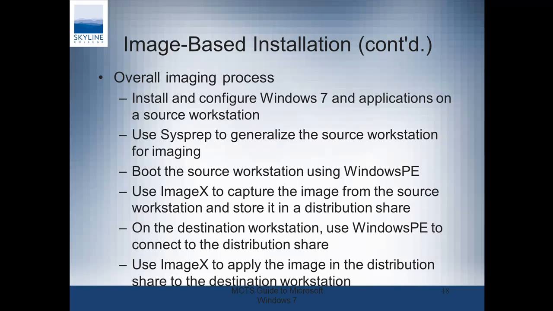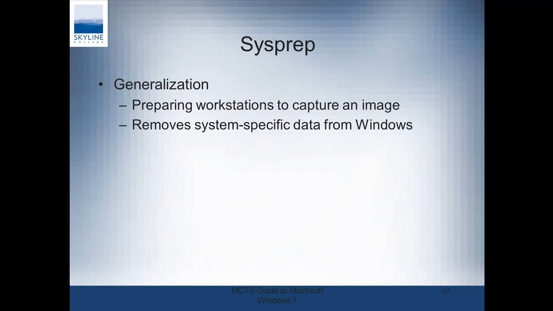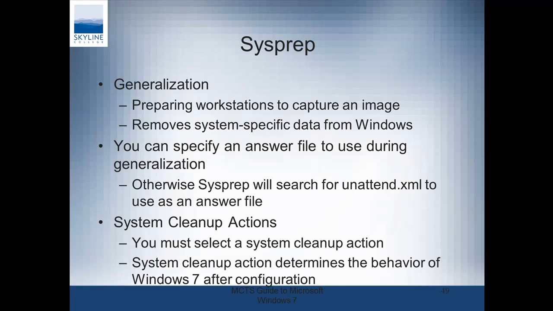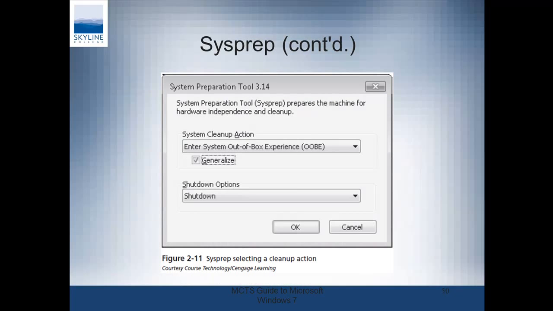And then once you get ready to install the image, you can either import it into a deployment server, or you can use a Windows PE disk in order to do it one machine at a time. It prepares the workstation and strips out all the workstation-specific information when you do those things.